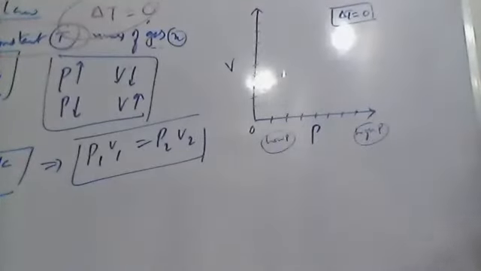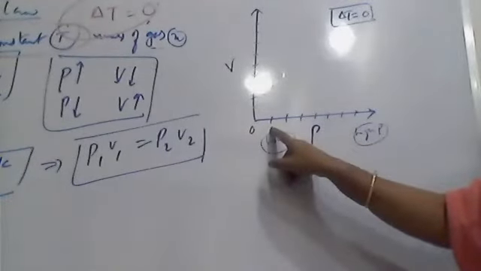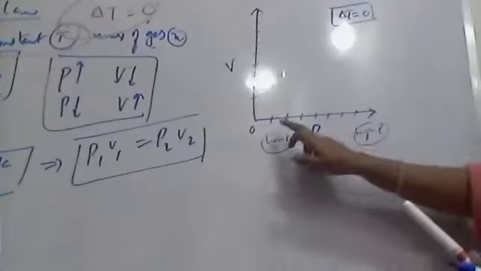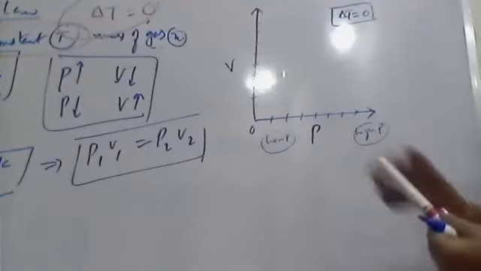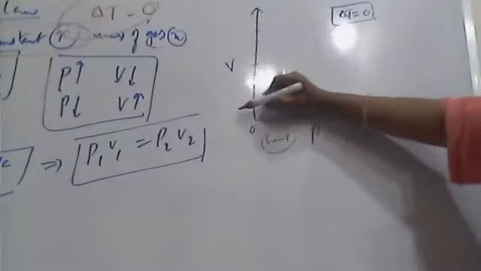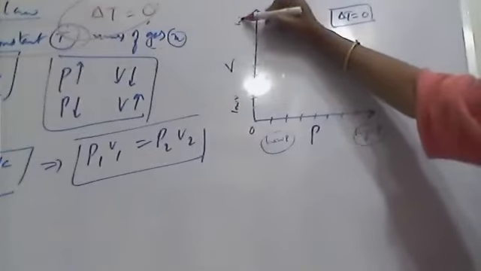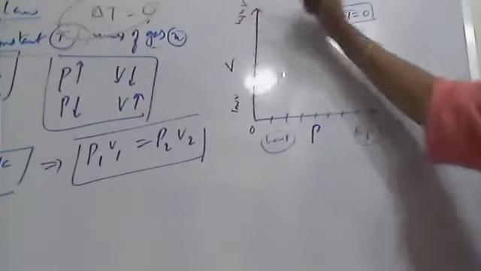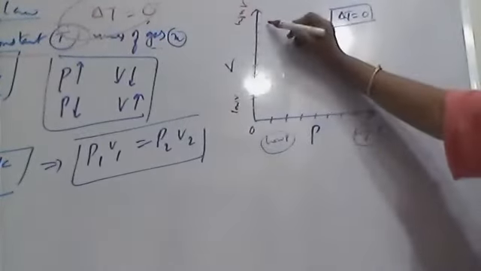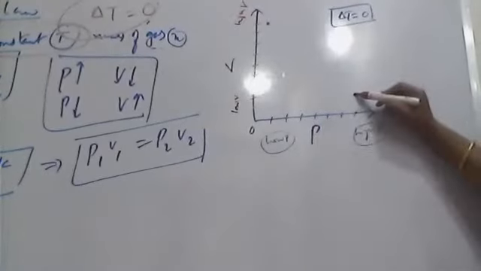Okay, so now compare the volumes according to Boyle's law. At low pressure, volume is more. So at this point, I have to show the higher volume. For volume, this point indicates a low volume, and this point indicates a high volume. So at low pressure, volume is more, and at high pressure, volume is less.